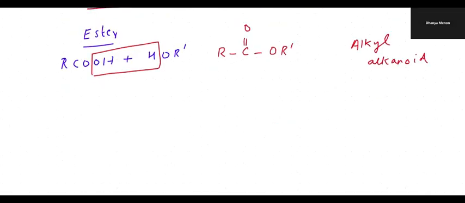And the next one is acid anhydride. So these are all derivatives of carboxylic acid. Unless you know these, we cannot proceed with naming of the different functional groups.